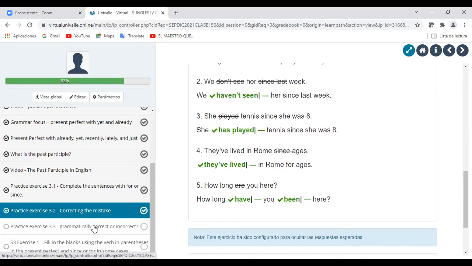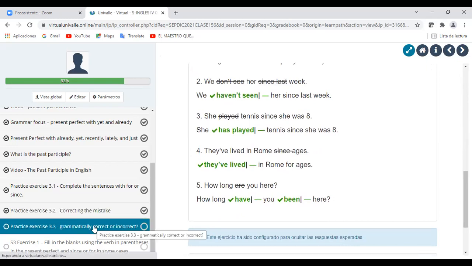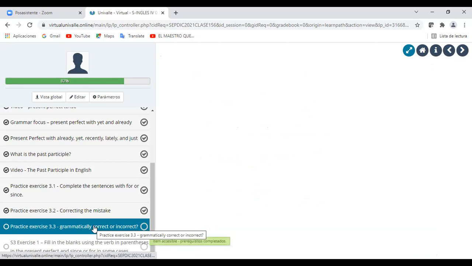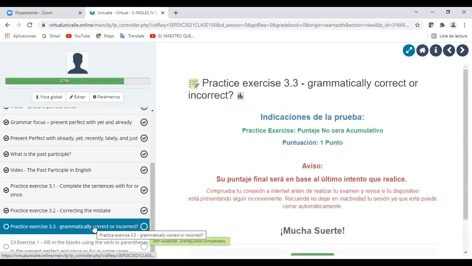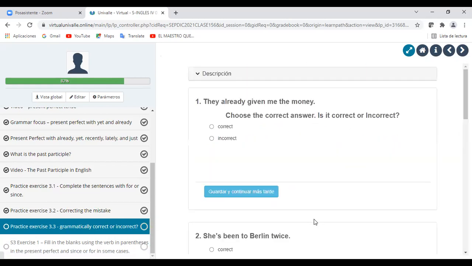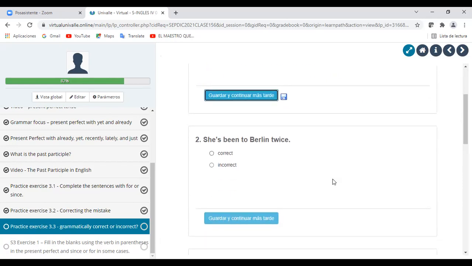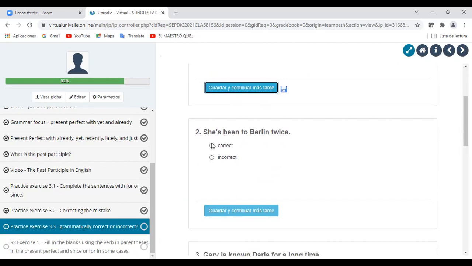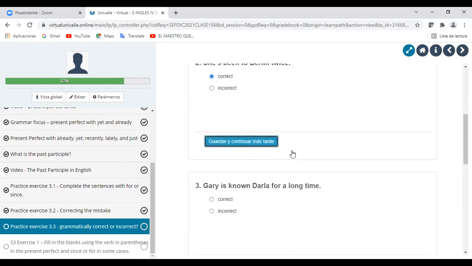Now in here, we're gonna have practice exercise number 3, grammatically correct or incorrect. Okay, so this is not cumulative, so please, even though we haven't scored, take that into consideration. They already given me the money, incorrect. She's been to Berlin twice, correct.